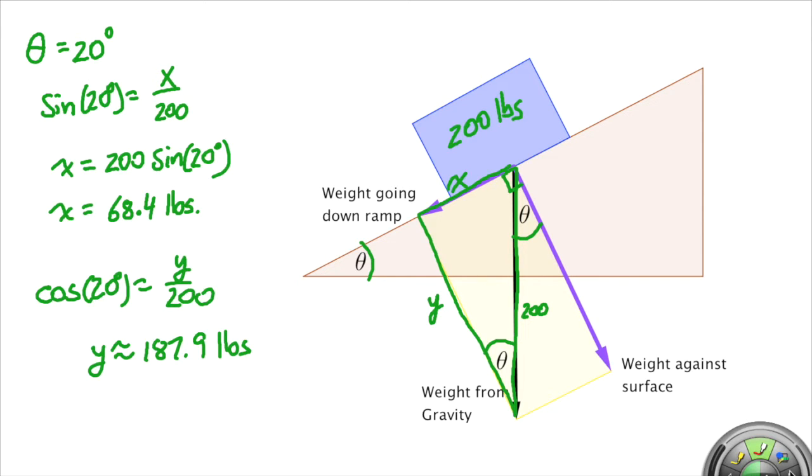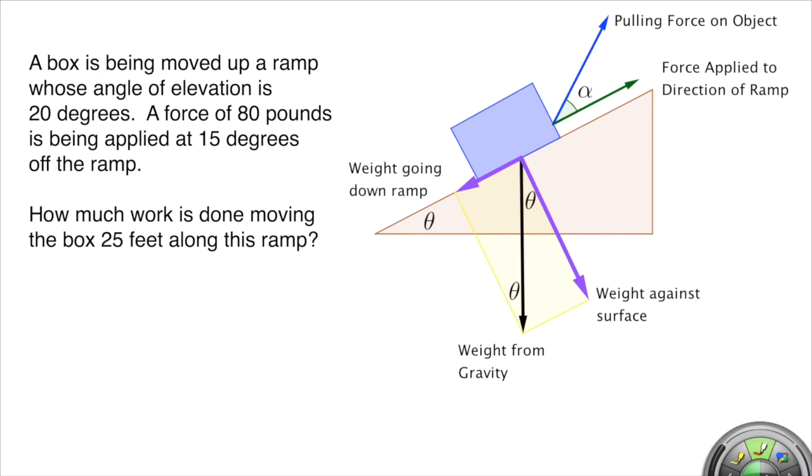Now we could extend this idea into a work problem. This part is kind of irrelevant for a work problem except for one thing. The amount of force going down and the amount of force going up have to be more in the going up.